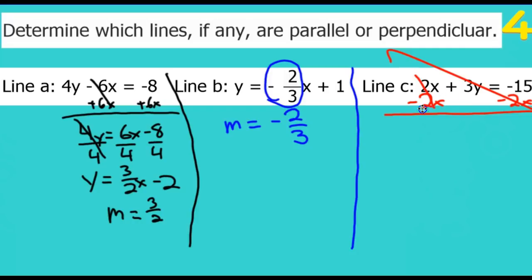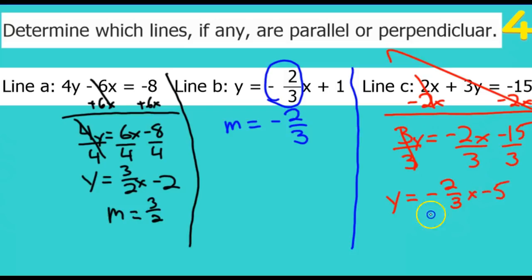So we get 3y equals a -2x minus 15. Divide by 3. And y equals a -2/3 x minus 5. So our slope here is a -2/3.